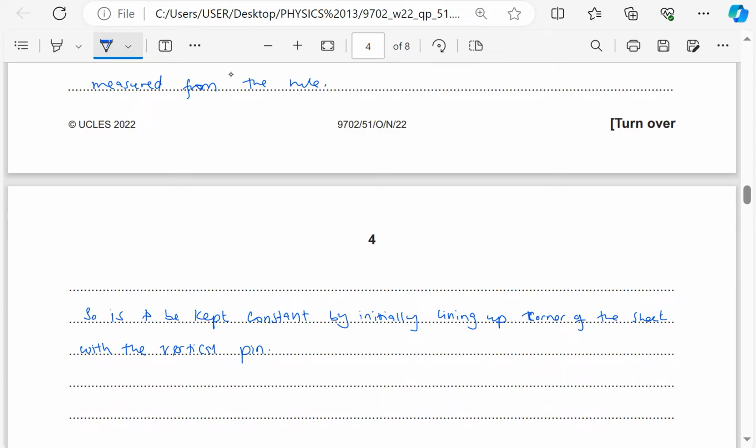Or you could put a fiducial marker on the scale so that you always measure S naught from the same position, because we don't want S naught to be different. It should be kept constant. Initially lining up the corner of the sheet with a vertical pin so that S naught is always the same.